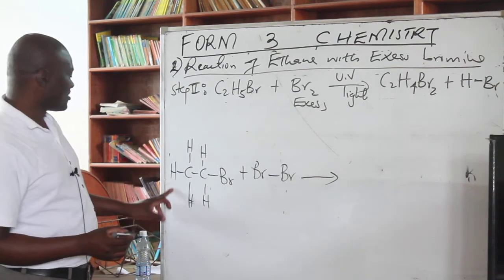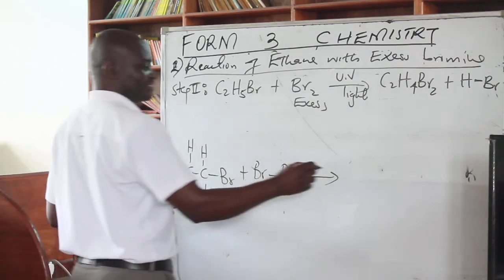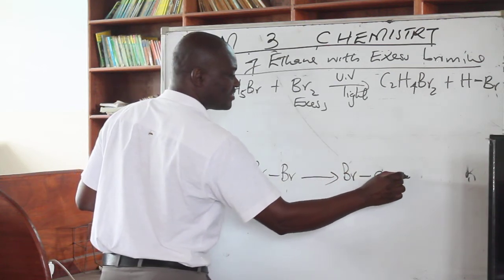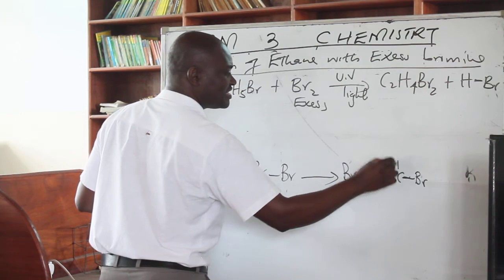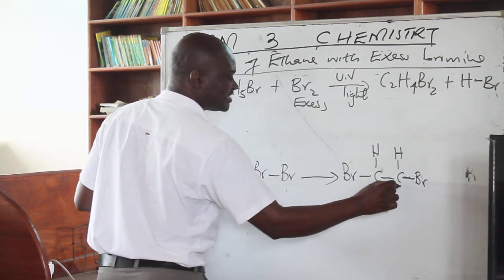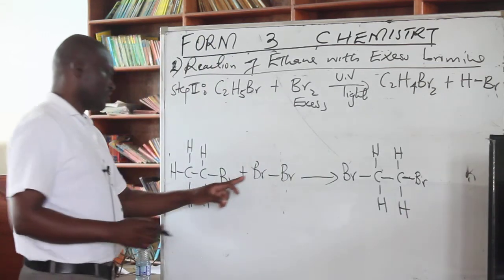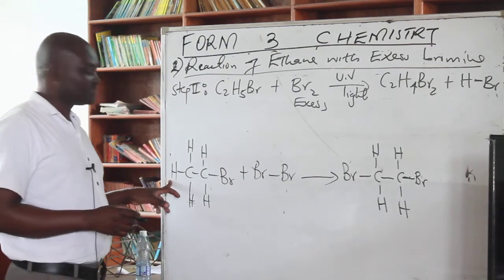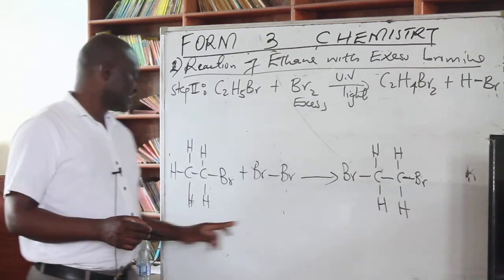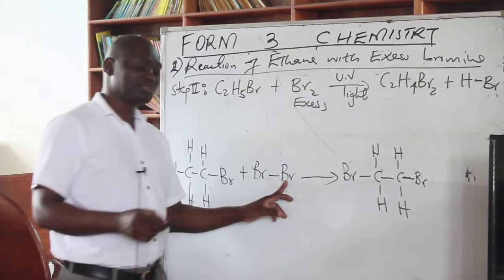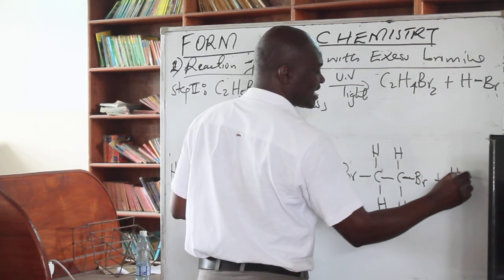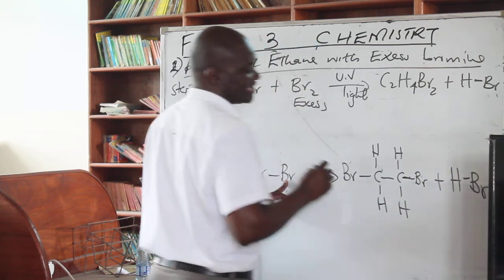Let us take this bromine here. So we'll have bromine, carbon, bromine, hydrogen. So one bromine will come and substitute this hydrogen. This hydrogen will move to the remaining bromine so that we get hydrogen bromide.